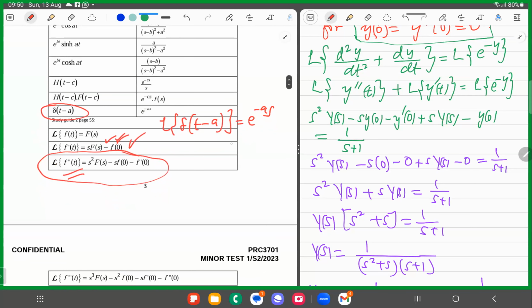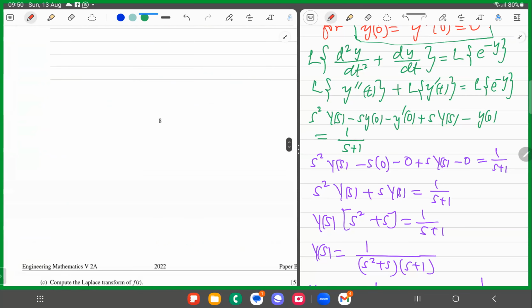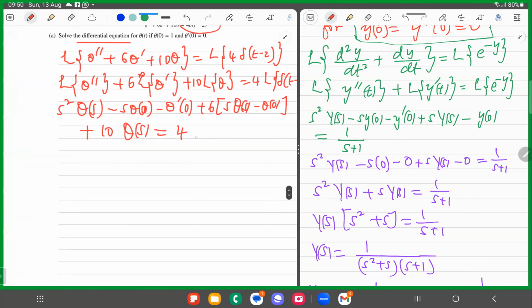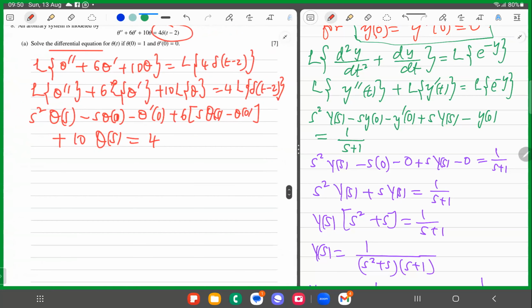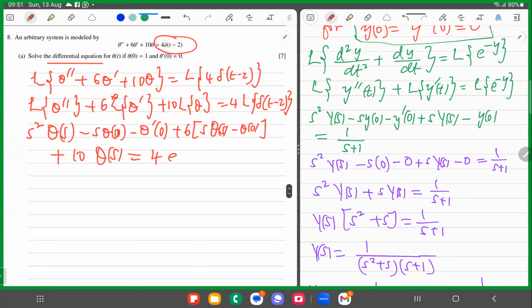So if it's e to the minus as, let's just come to that one. So it's going to be e to the minus 2s. Okay, so just note that one.